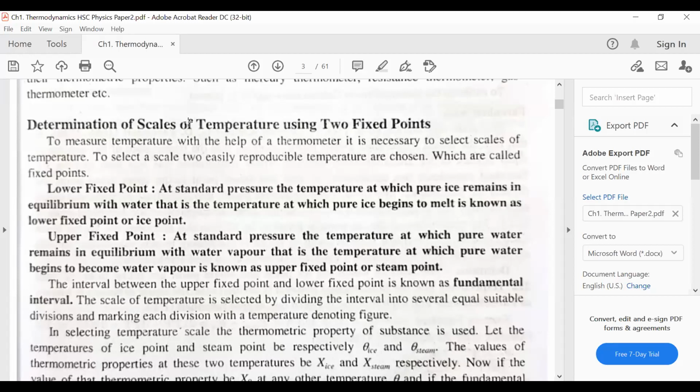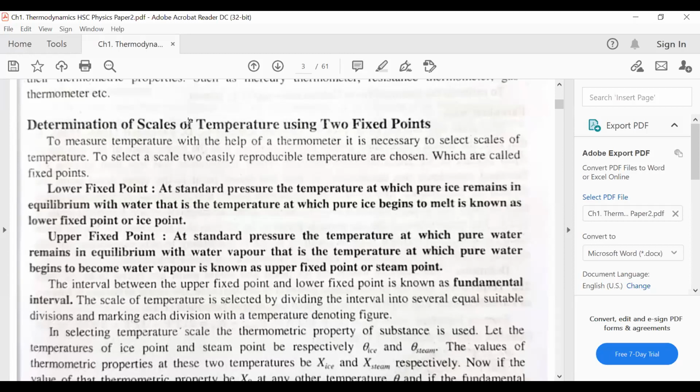What is the boiling point of water? 100 degrees Celsius. So in Celsius scale, you can say that the lower fixed point is 0 degrees Celsius and the upper fixed point is 100 degrees Celsius. But if you are asked to define lower fixed point, you have to tell that at standard pressure, that is 1 atmospheric pressure, it is the temperature at which pure ice begins to melt.